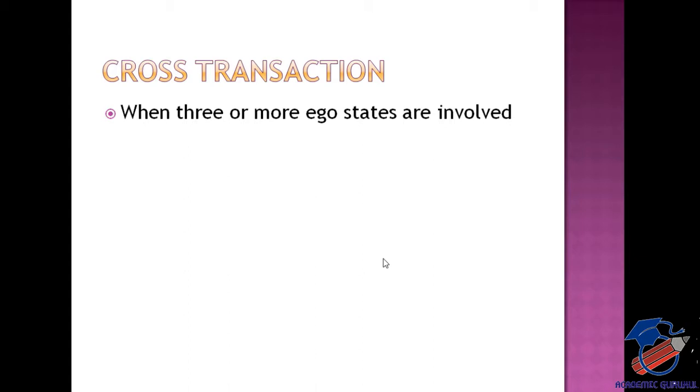Cross transaction, when person one says something from one ego state and receives a reply from another ego state. 3 or more ego states are involved. मैंने एक्सपेक्ट किया था, मैंने एक अडल्ट से सवाल पूछा था, अडल्ट से ही जवाब एक्सपेक्ट किया था, बट आई एम गेटिंग रिप्लाई फ्रॉम सम अदर ईगो स्टेट.